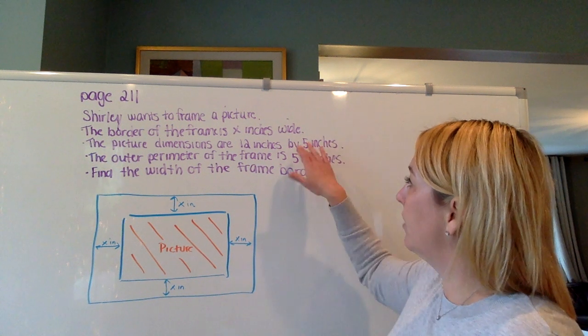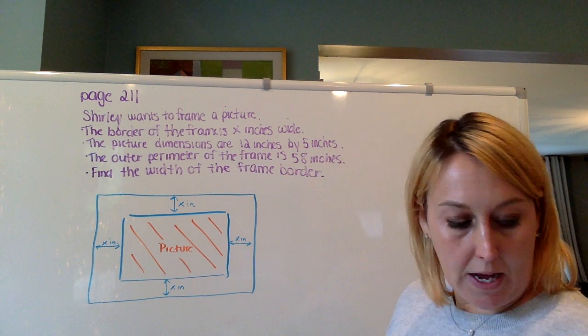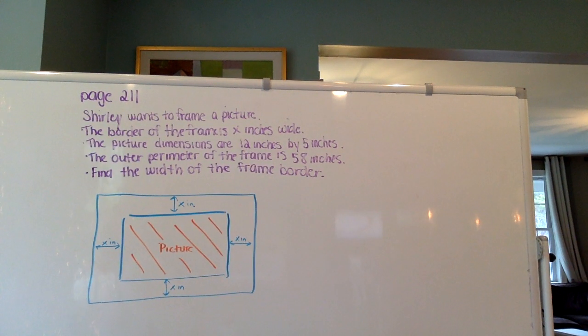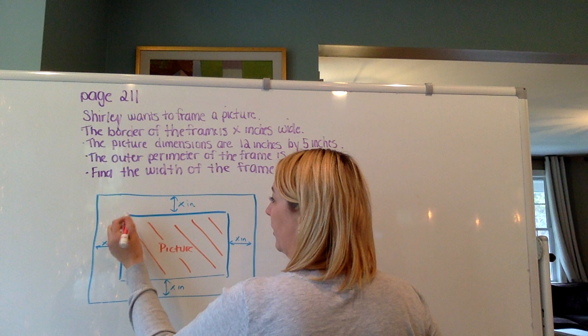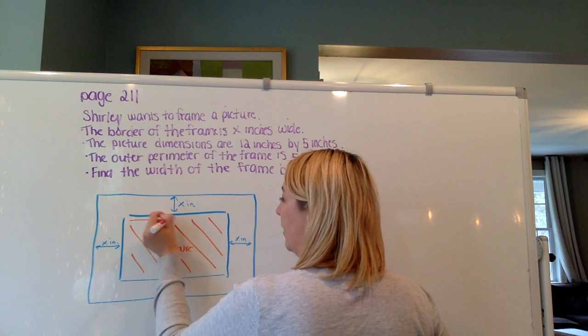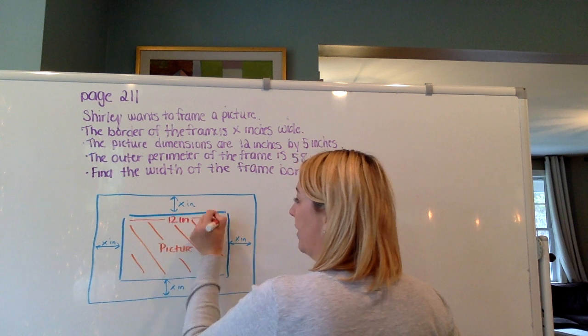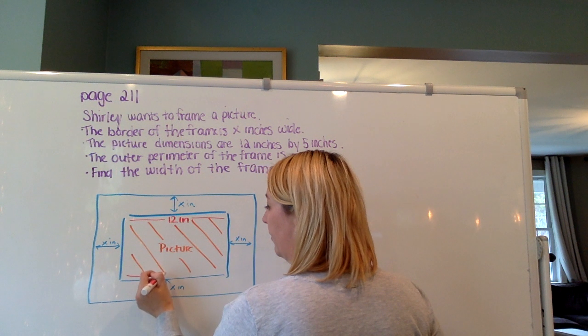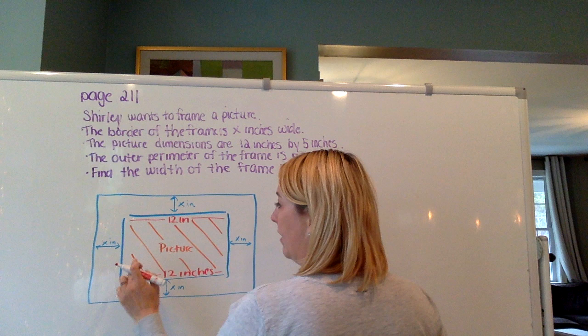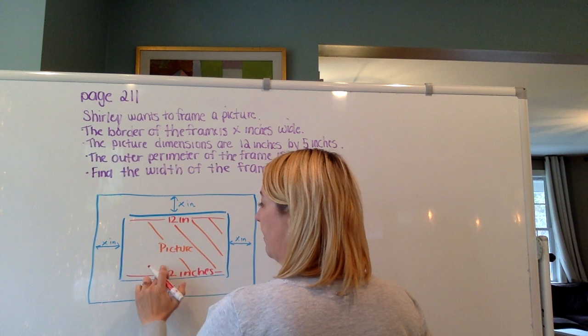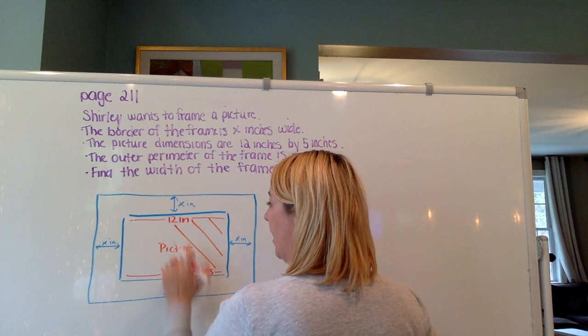The picture dimensions are 12 by 5. So let me draw in the picture dimensions, so it's 12 inches this way, right? 12 inches this way. And now I think you've got a sense that this is the picture, right?